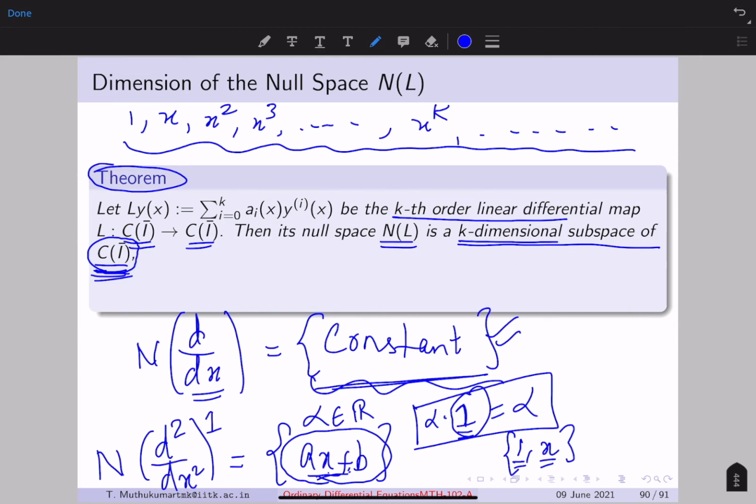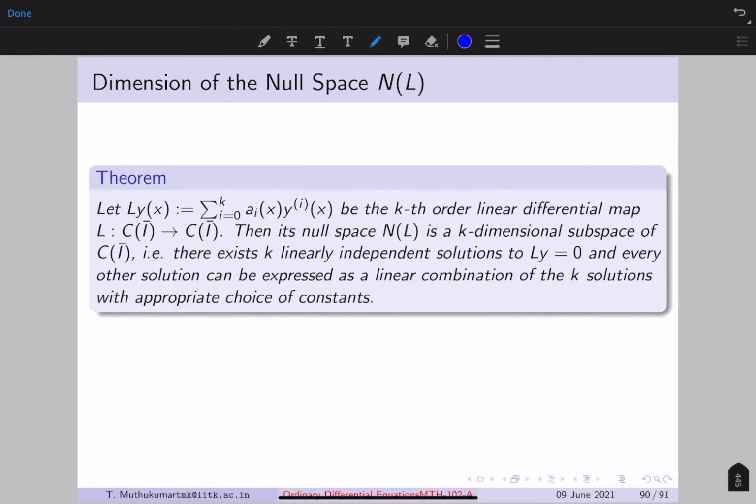So b times 1 plus a times x is the null space for all possible a and b. So it's dimension 2, the same as the order of the second order differential operator. That's what we saw earlier. So this theorem is interesting in the sense that if you have a kth order differential map, then the null space is always k dimensional.